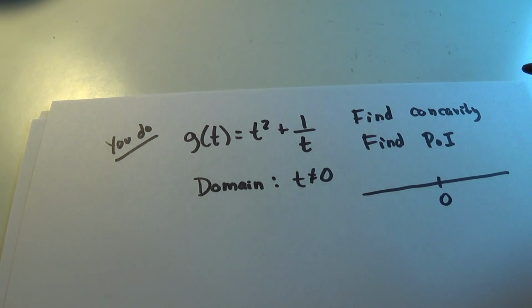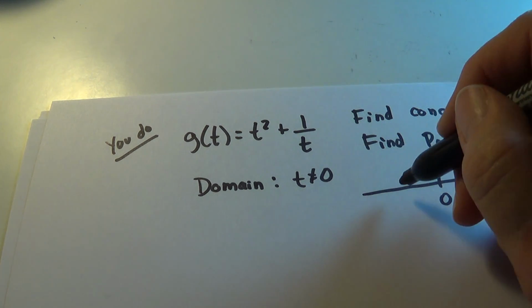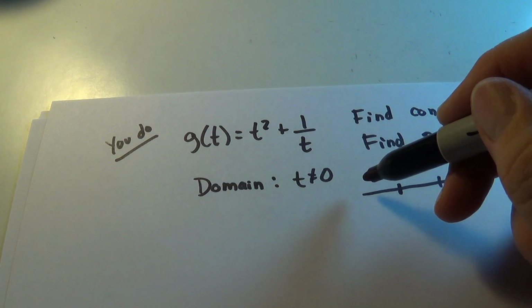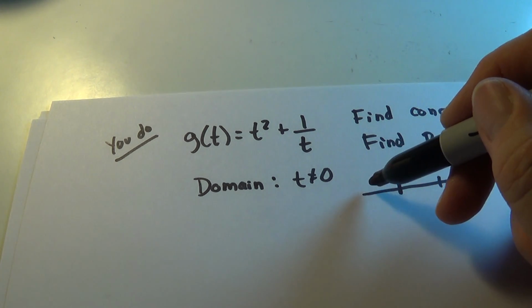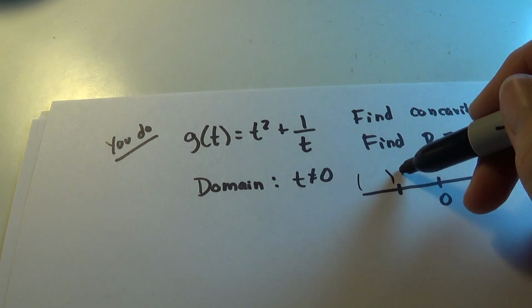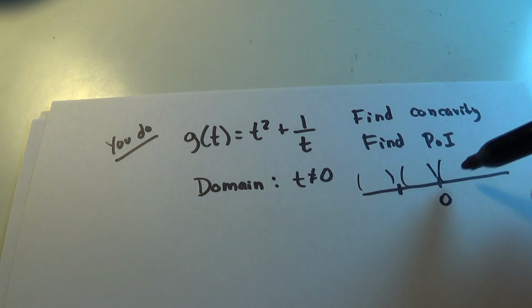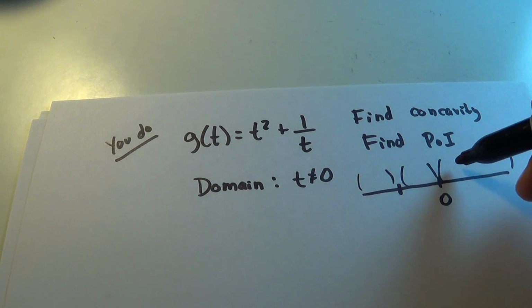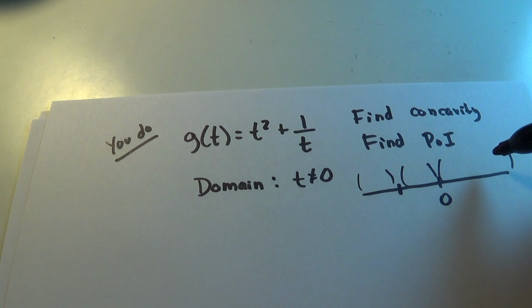So you'll find other points where the second derivative zeroes out. I think you should find one other point. So say it's on this side somewhere. So that means when you do your test intervals, you'll test the second derivative in here, and then you'll test it in here, and you will use this does not exist point as well and test it over here.